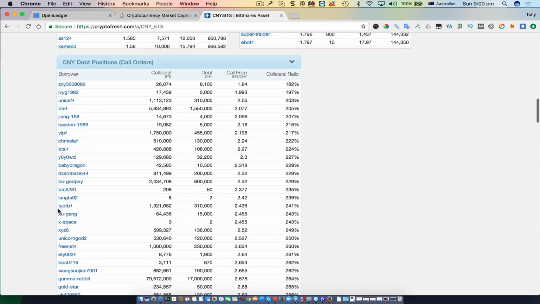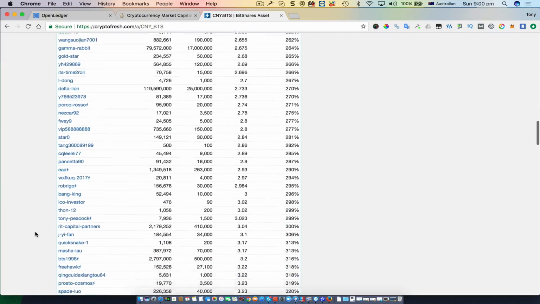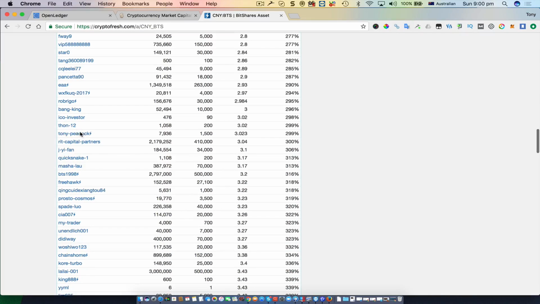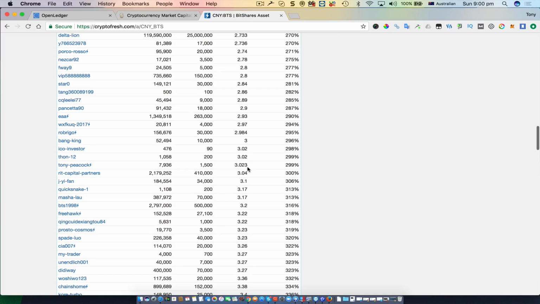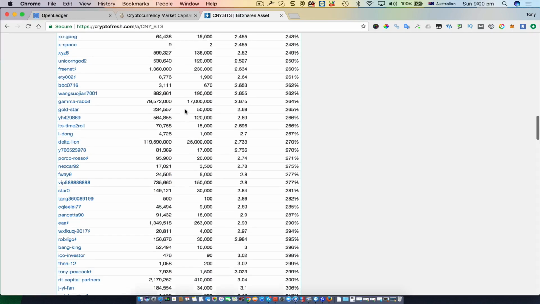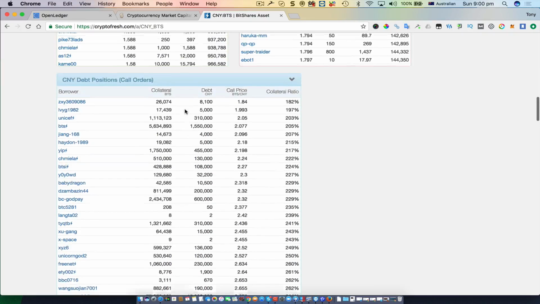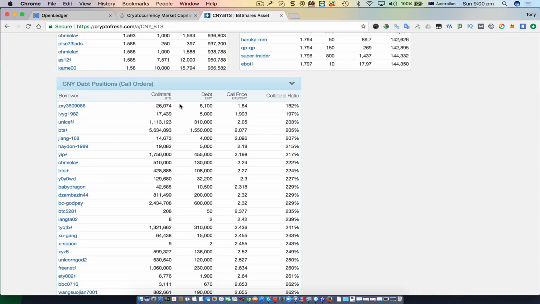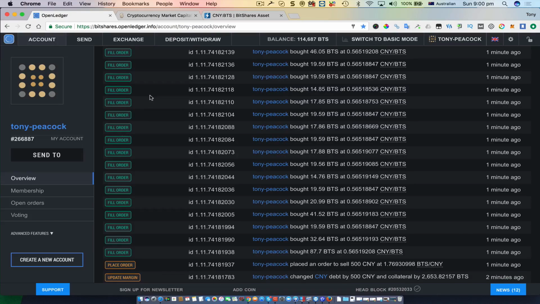This is my debt position. So you should see, here's my name here. So what that means is that I have a debt position of 1,500. It's backed up by 300% of my collateral, and all of these guys in front of me would have to be called first before I would be called on the margin.